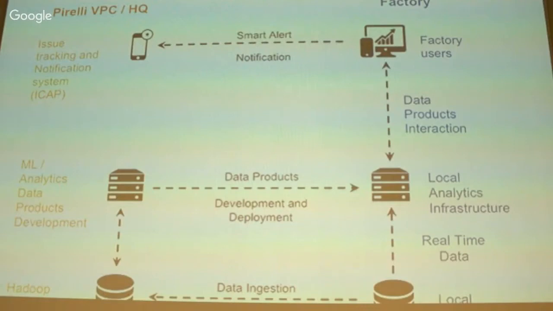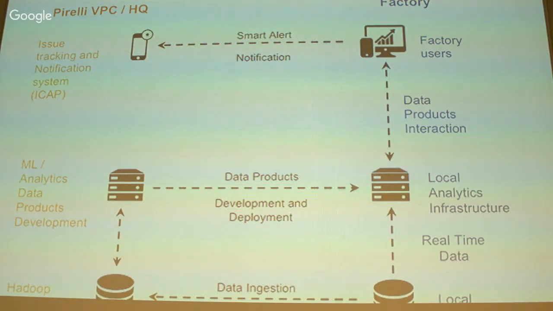So this is a very high-level overview of the architecture for smart manufacturing at Pirelli. And so we have data flowing from the factories, you see in the lower part of the slide. We have data ingestion step. So data is flowing back to our data lake and is stored in the Hadoop cluster we have in the headquarters.